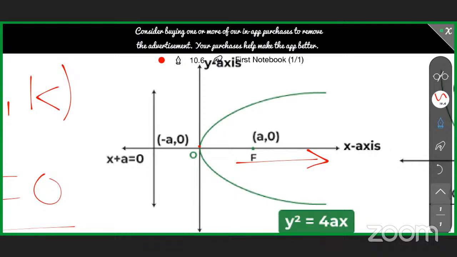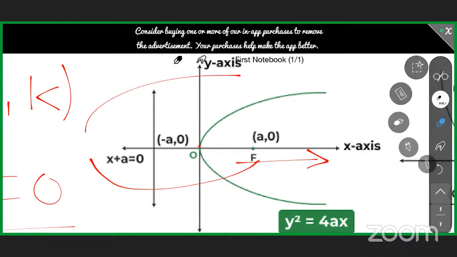And if I cut this parabola, it will get 2 equal parts, one equal part like this, one equal part like this. So it becomes symmetric with respect to the x-axis.